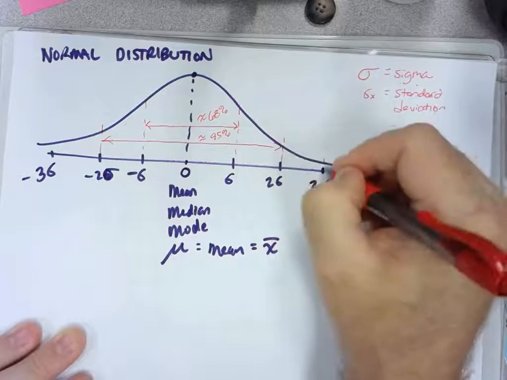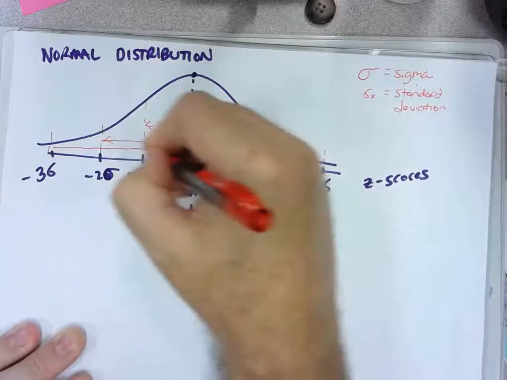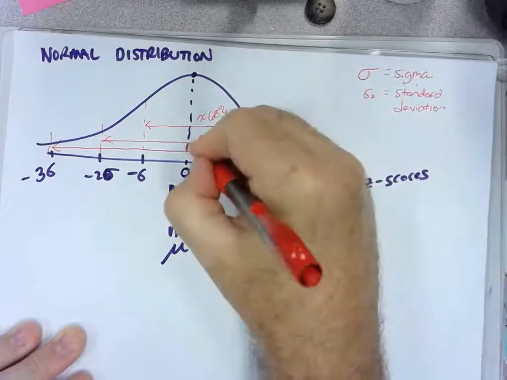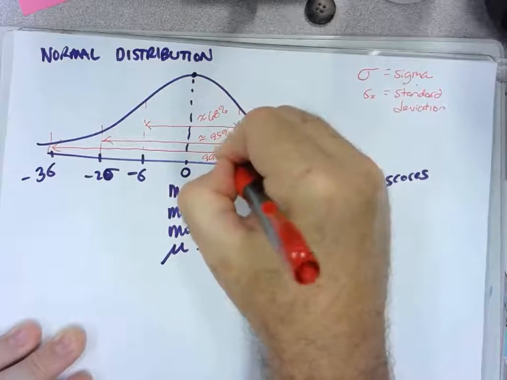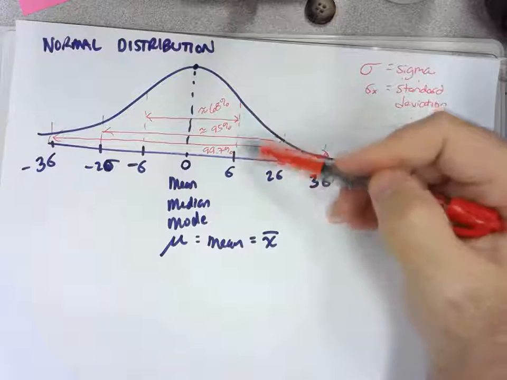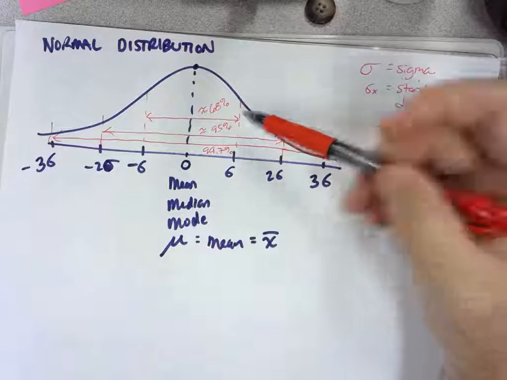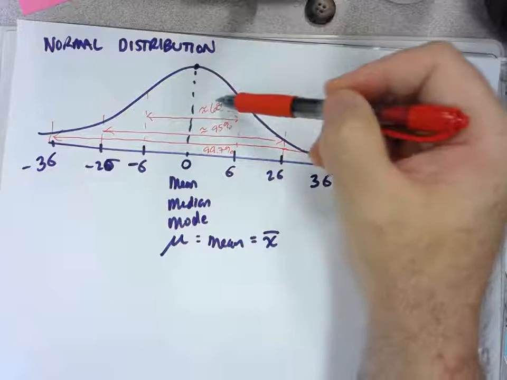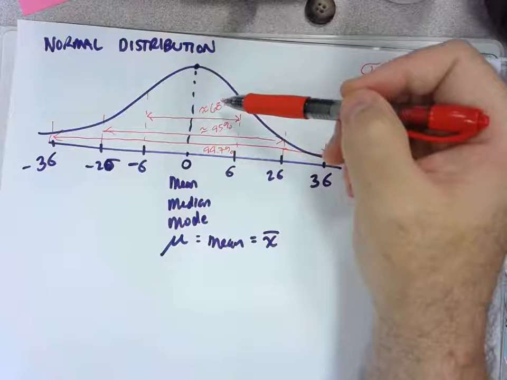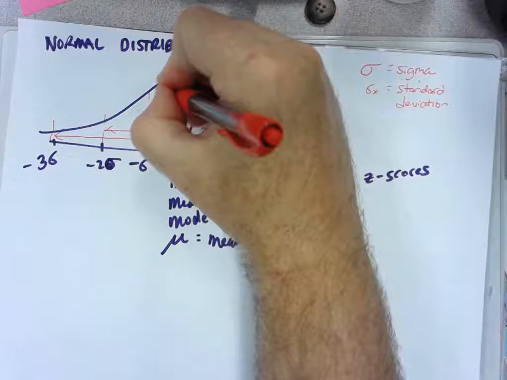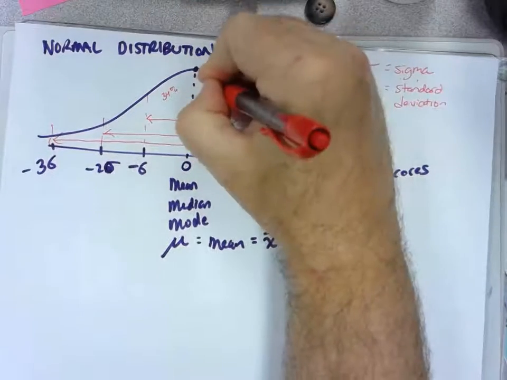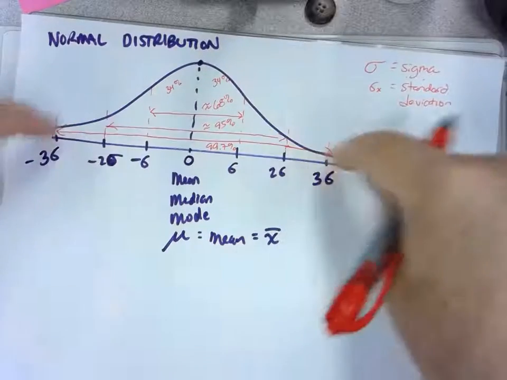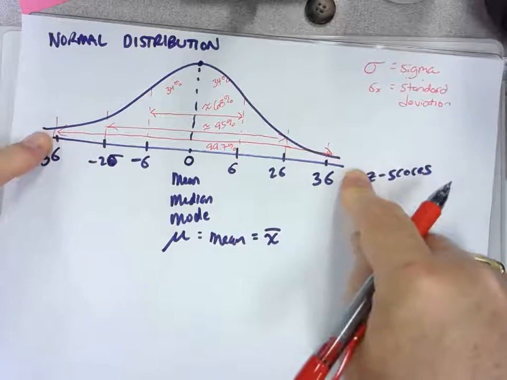And then between 3 standard deviations, 99.7%. You have to memorize those. You are expected to know those. These break down. Half of 68 is 34, so there's 34% here and 34% here. You need to know how to break those down.